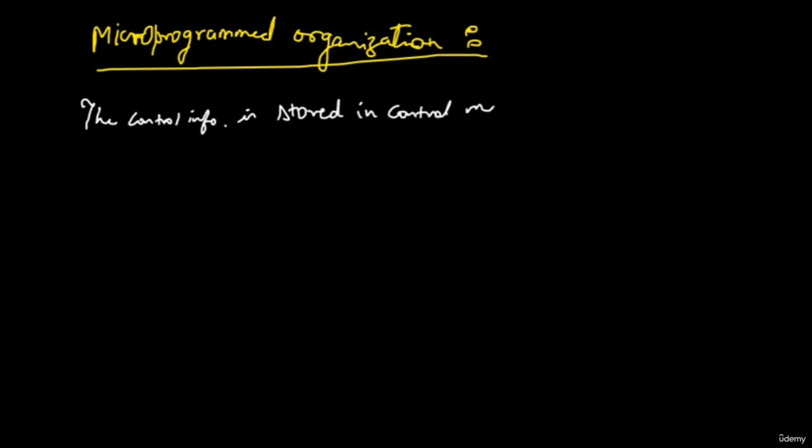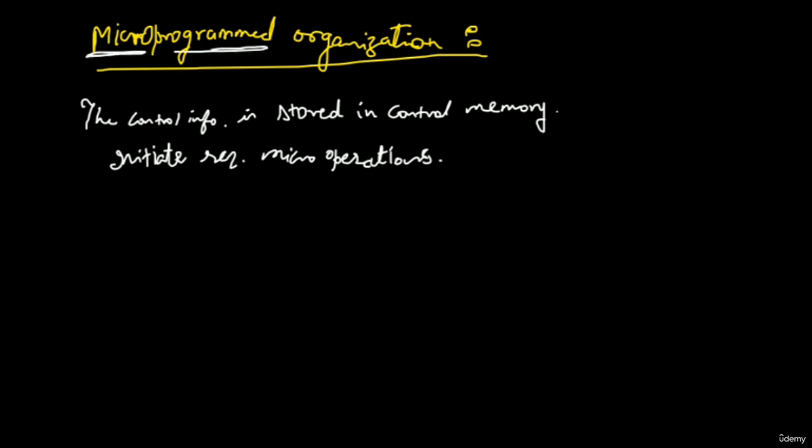The control memory is programmed to initiate required micro operations. Micro operations. Okay. So micro-programmed organization, as the name suggests, it's micro, it's a small program organization.